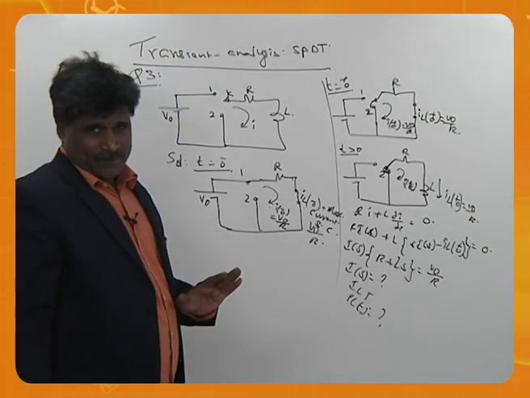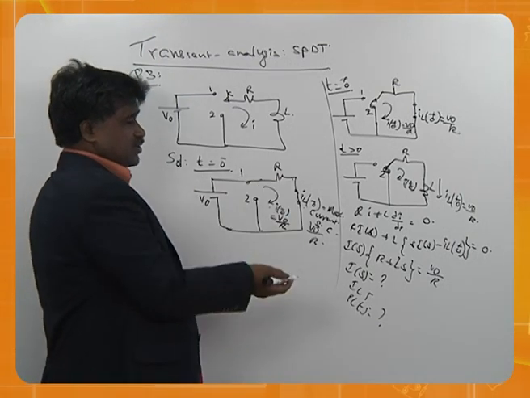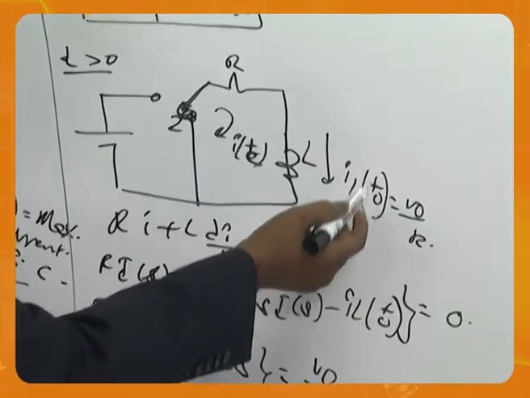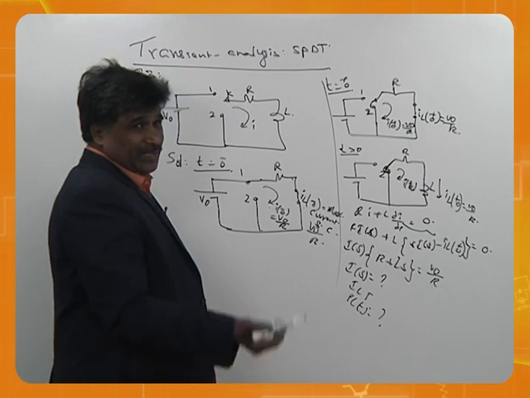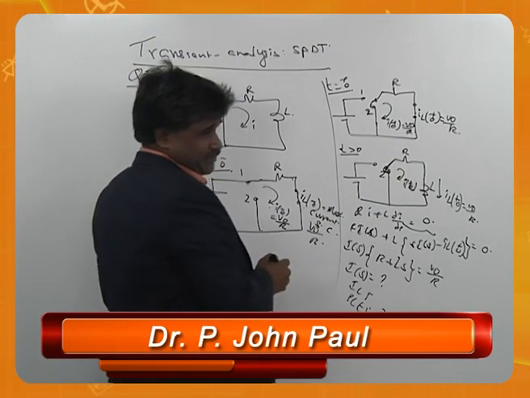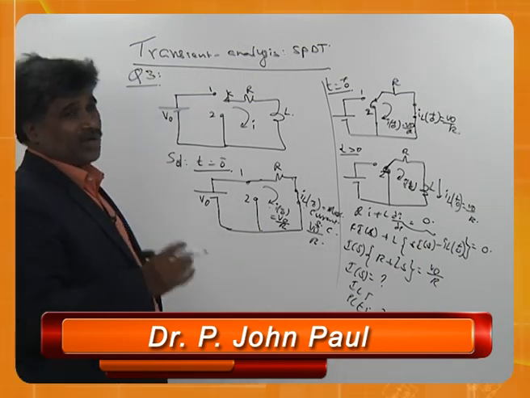This is our argument. So depending on the switch position, we should take our equation. Initial current through the inductor is inside the differential. Initial voltage across the capacitor is in the integral. So you don't need to worry, they'll take themselves along.